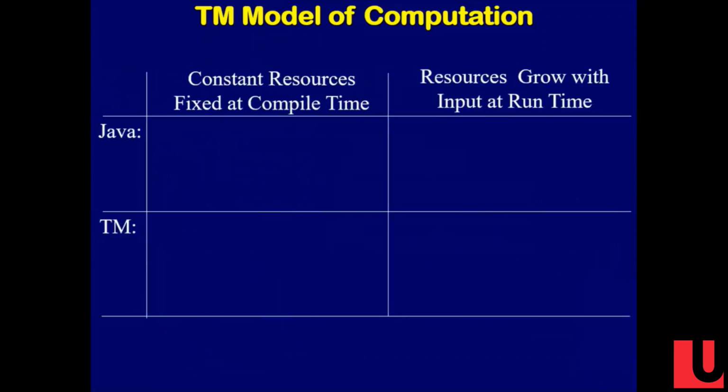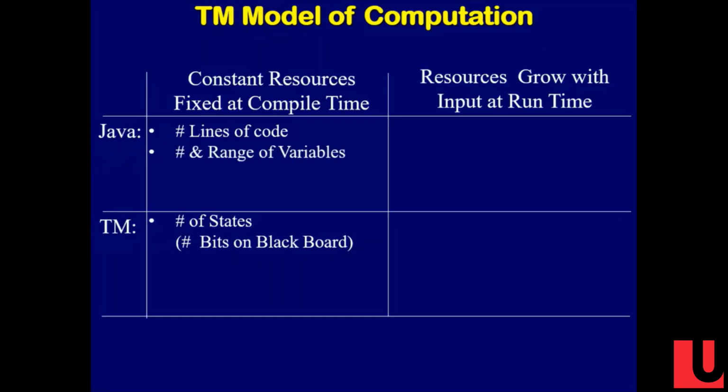All right. Constant time versus running time. In constant time, so here during compile time, when I'm building the machine, the number of lines of code is fixed. The number of states of the Turing machine is fixed. The range of the variables is fixed.